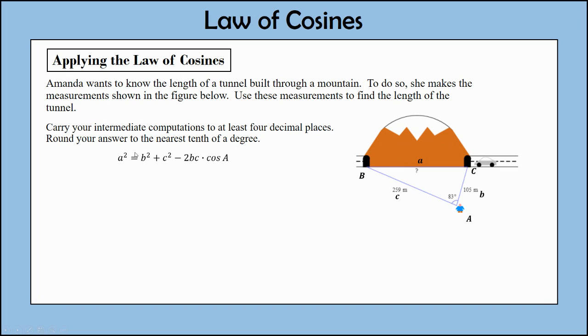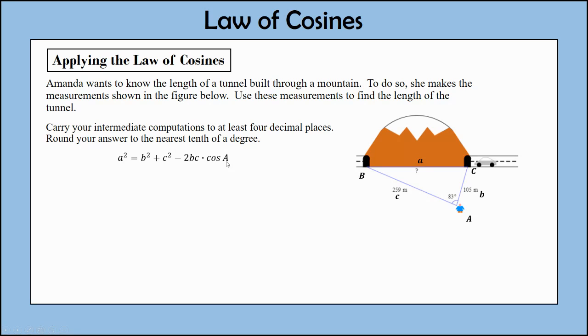I'm trying to find a, so I'm going to choose the one that already has the a isolated, so it's already here by itself. All I've got to do is these computations, take the square root at the end, and we've got it. So let's go ahead now and do the computation. I'm going to replace this b and that b with 105. And I'm going to replace this c and this c with 295.